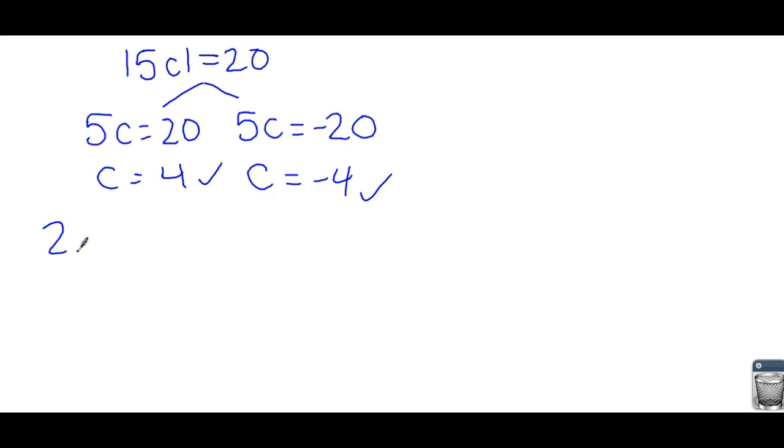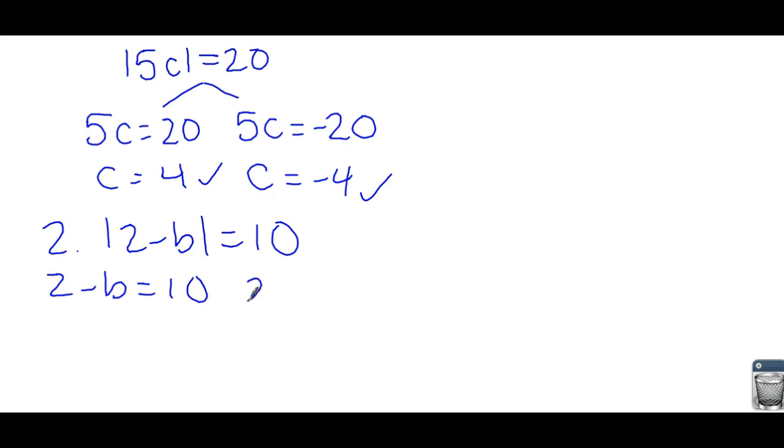Number 2, you have absolute value of 2 minus b equals 10. So same idea, you split it into the positive and into the negative. And then you solve for b. So we subtract 2, divide by negative 1.